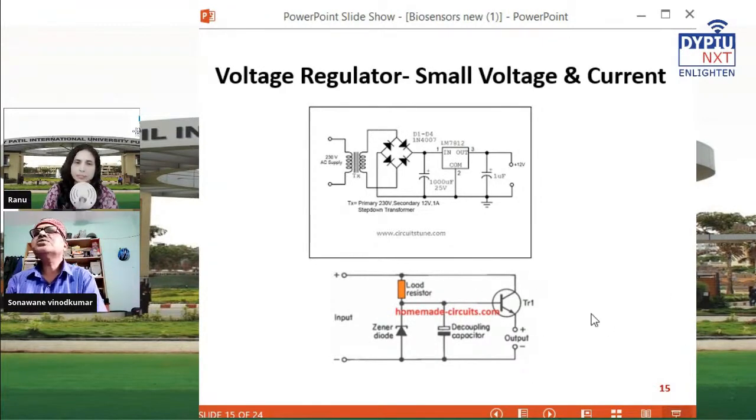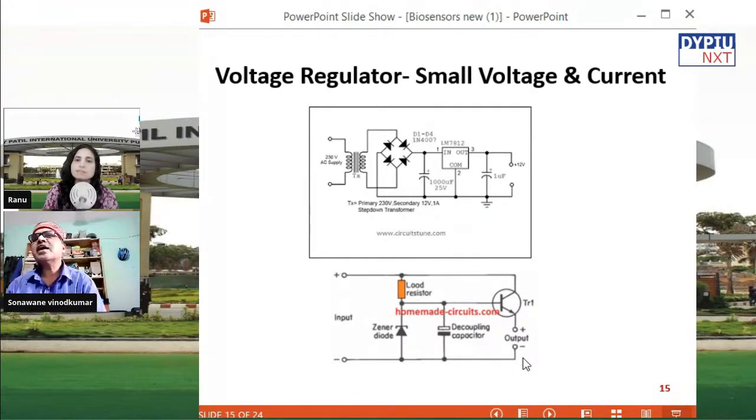And if you want to make a mini voltage regulator, we can build that voltage regulator using a single transistor. But for that, you need to have a Zener diode.